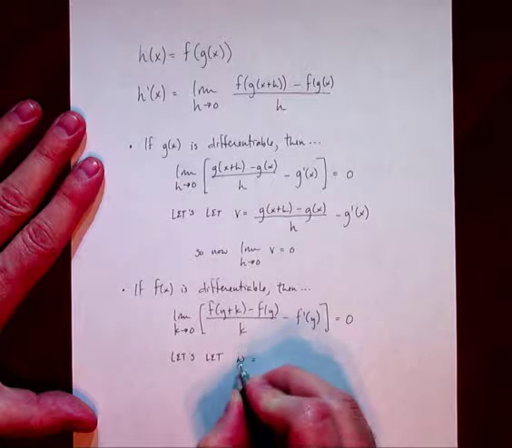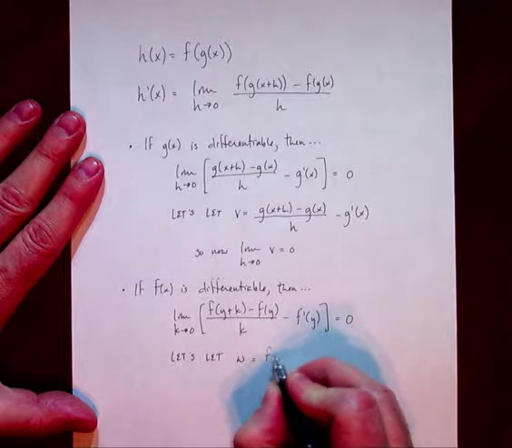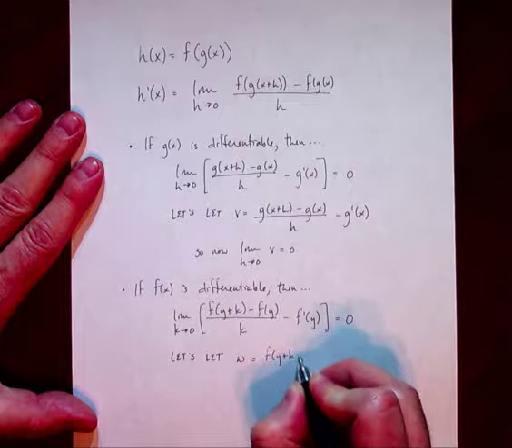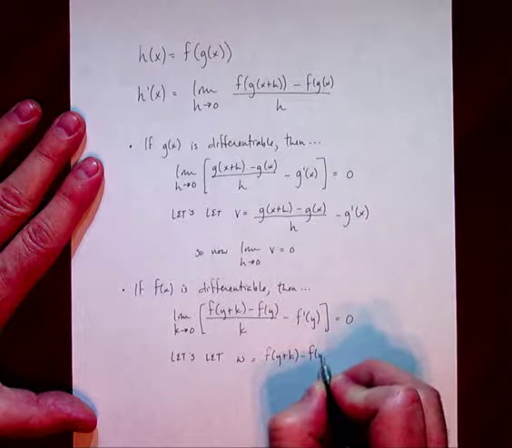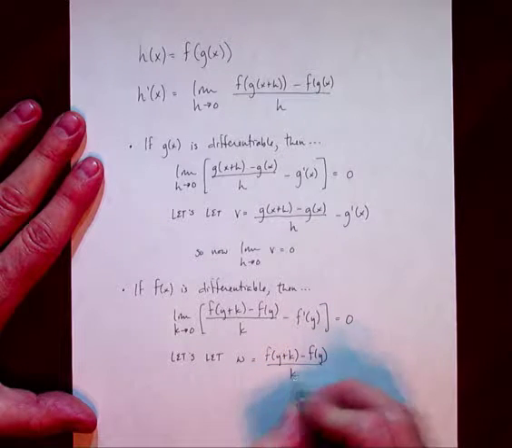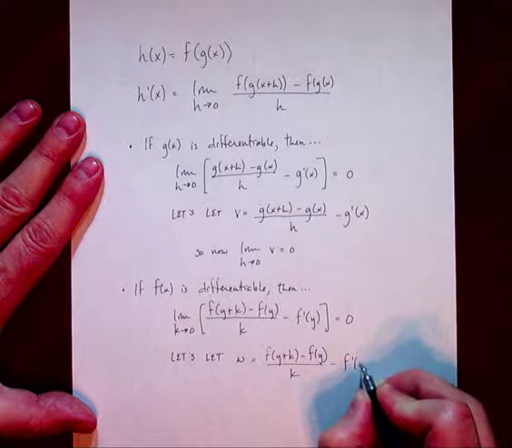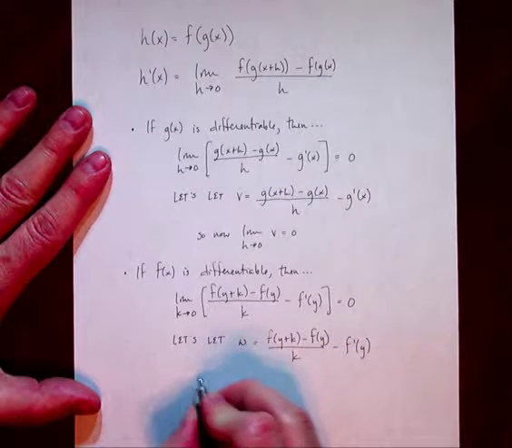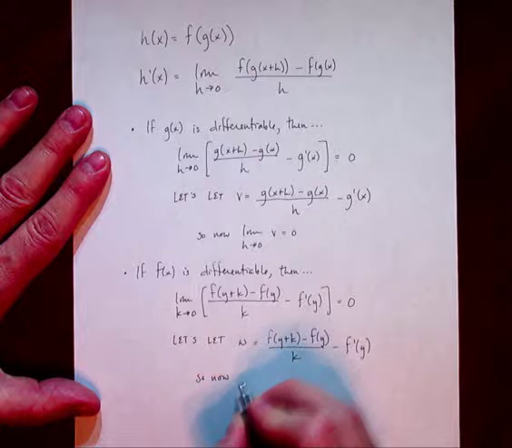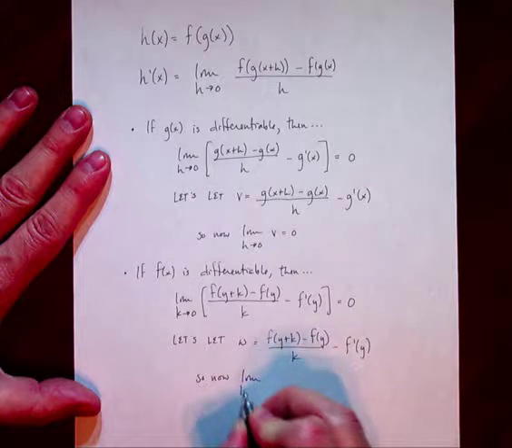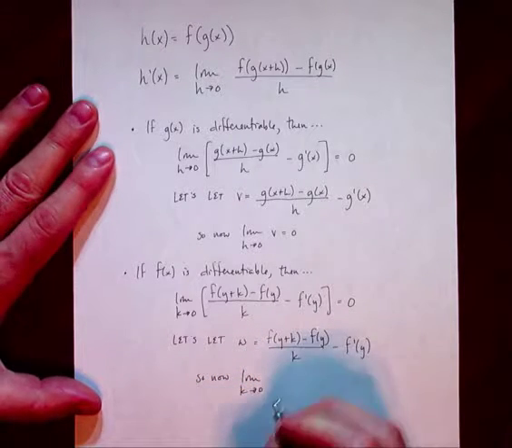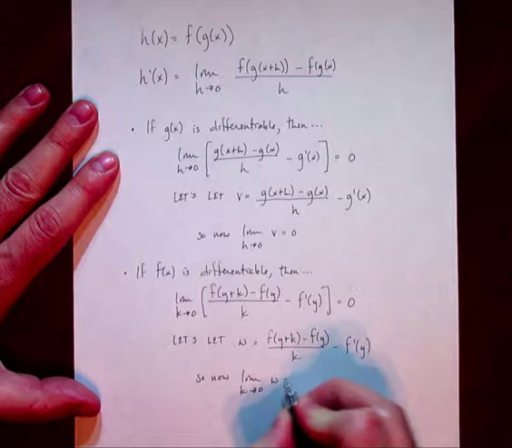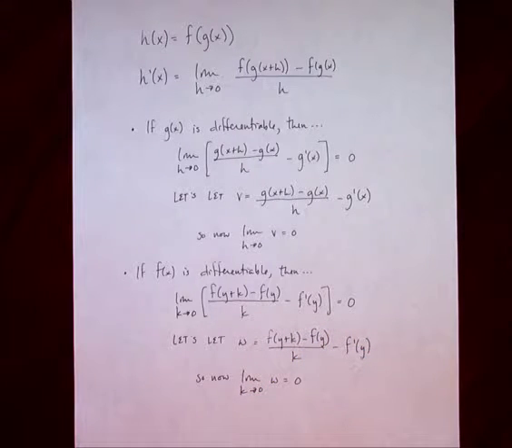And so let's let w equal that quantity that we see inside the brackets. Okay, so now we know that the limit as k approaches 0 of w is equal to 0.